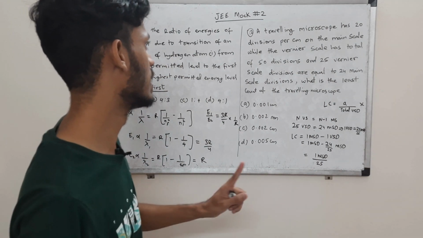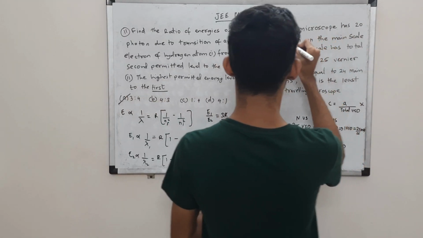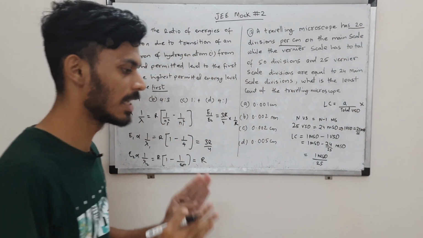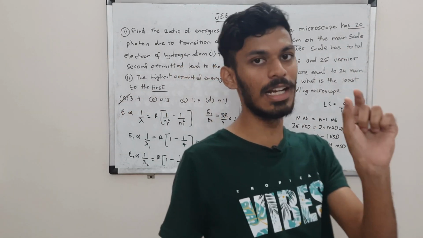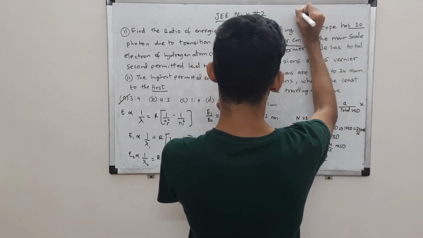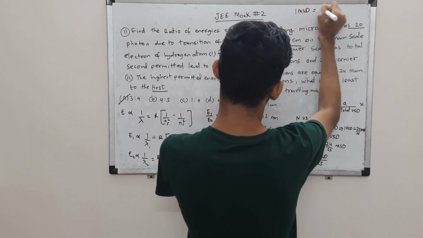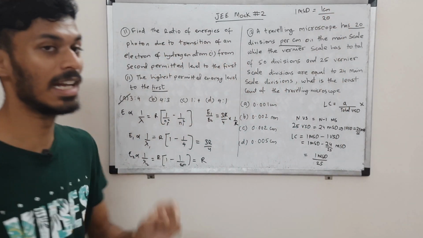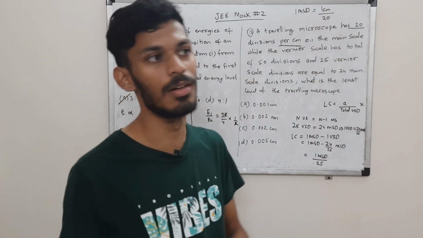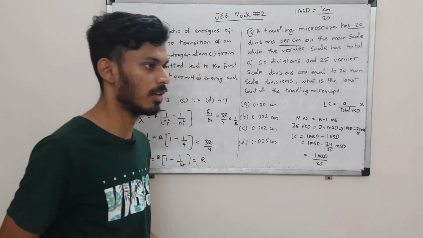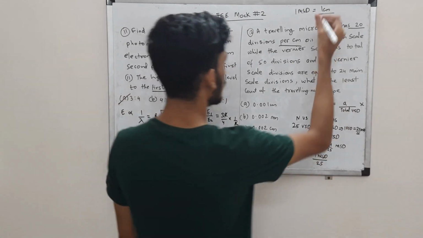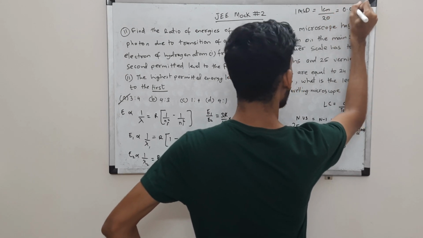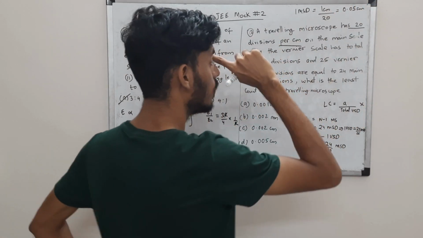Now what is 1 main scale division? On the main scale, 1 centimeter is divided into 20 divisions. That's the least that you can measure on the main scale, or 1 main scale division. So 1 centimeter by 20 is 0.05 centimeter.